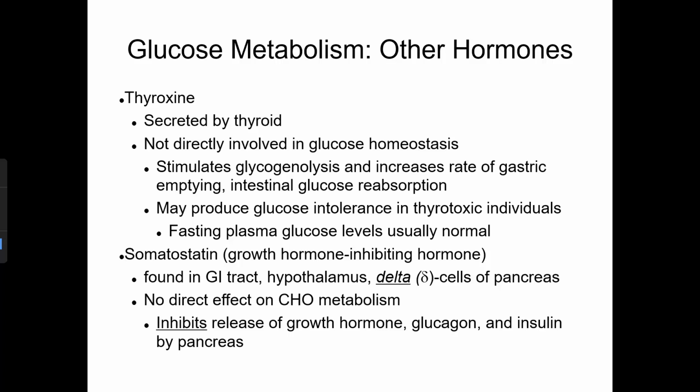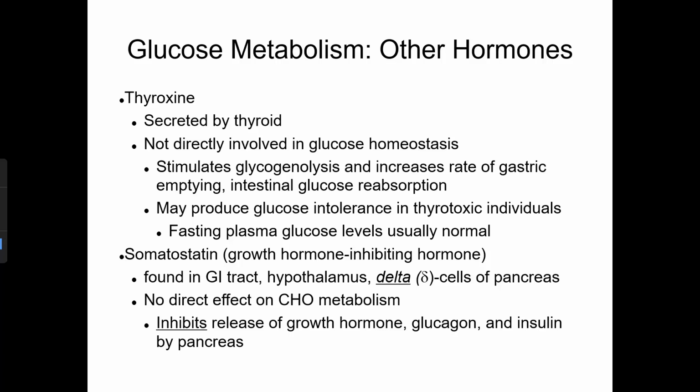Thyroxine is secreted by the thyroid. This is T4 of the thyroid hormones. So our thyroid hormones are T3, which is triiodothyronine, and T4, which is tetraiodothyronine. Iodo refers to the need for iodine in order to produce those thyroid hormones.